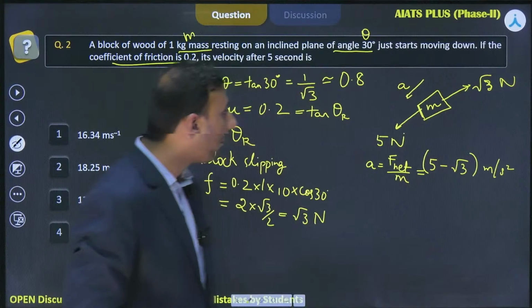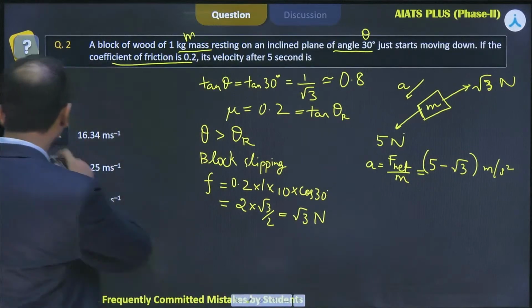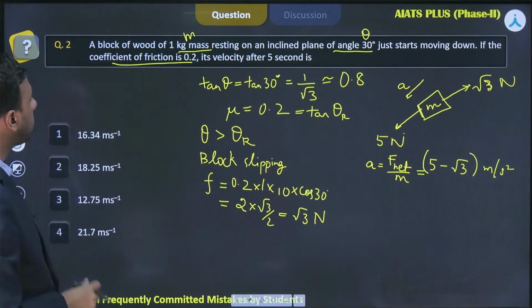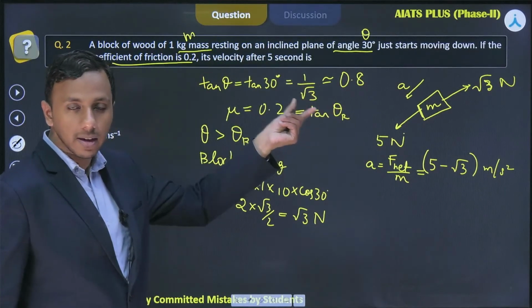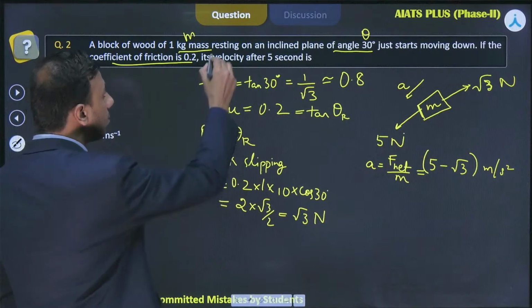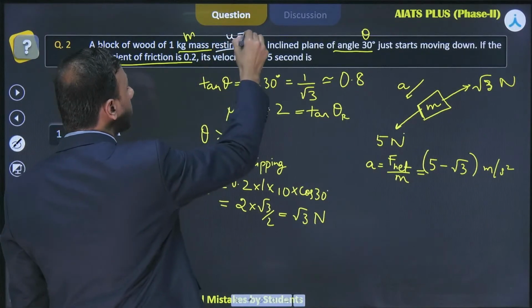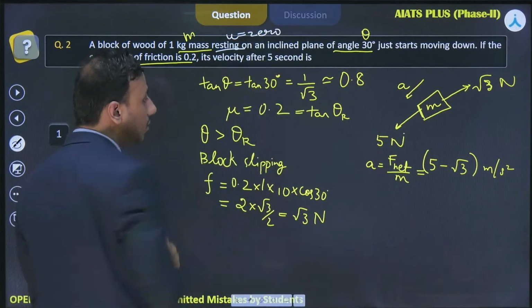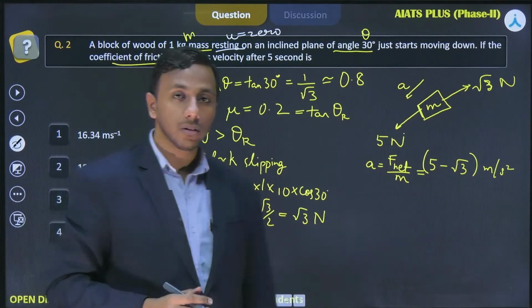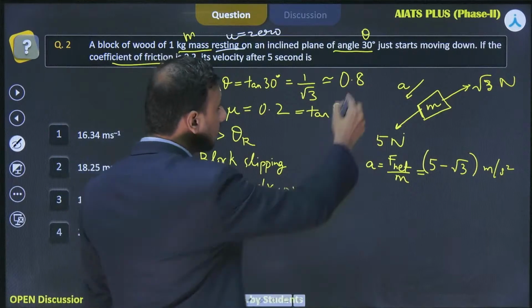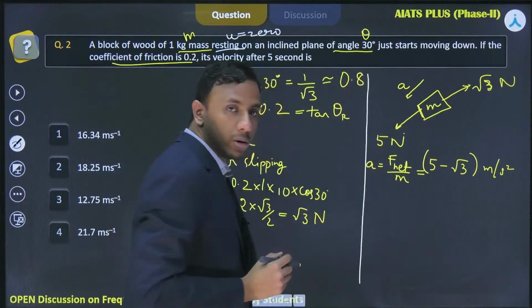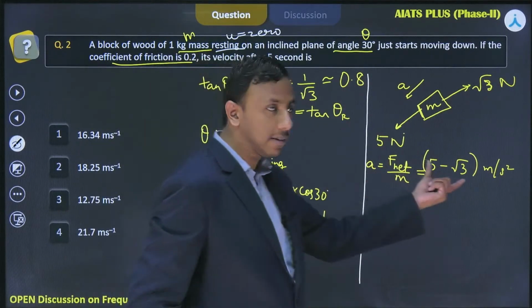Okay. And what is the initial velocity of the block? Read the question carefully. A block of wood is resting on an inclined plane. Resting means u equal to 0, isn't it? Initial velocity equal to 0. Now which equation will we use? The first equation of motion. If you remember, v is equal to u plus at, because the acceleration is constant.